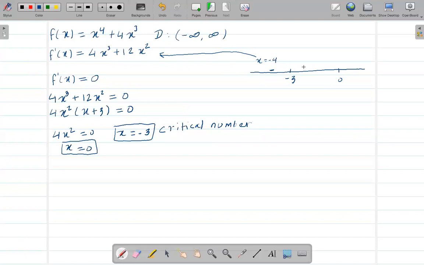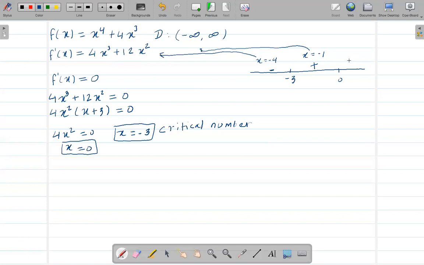Similarly here, if I pick any point in this region, it doesn't matter, you can pick any point in this interval, let's say -1. Again, plug this into f prime, and you'll get this positive.